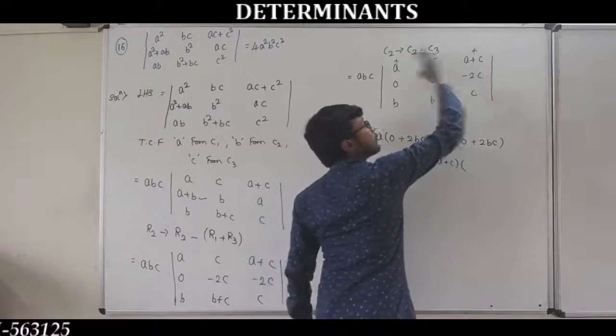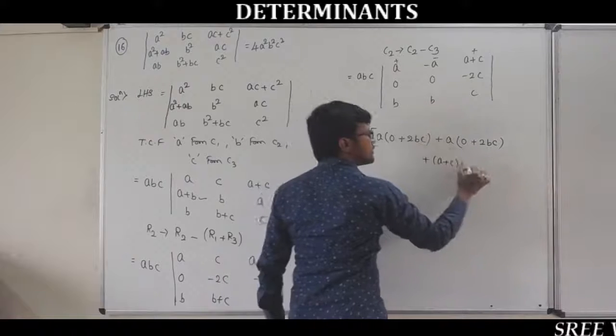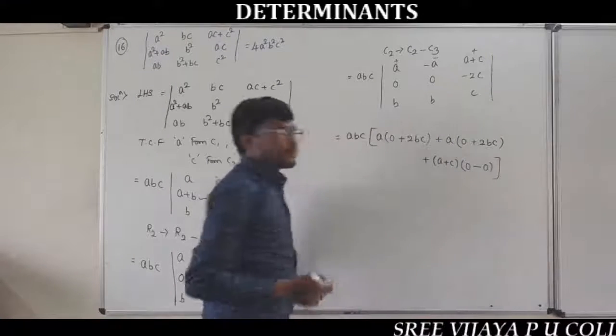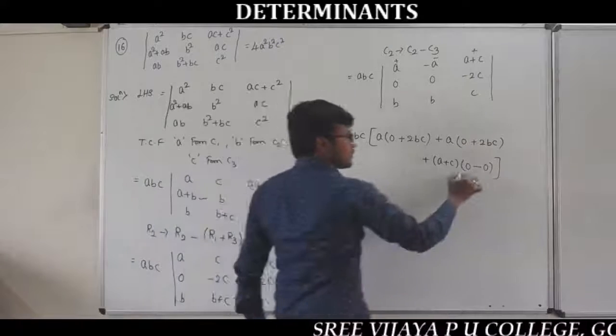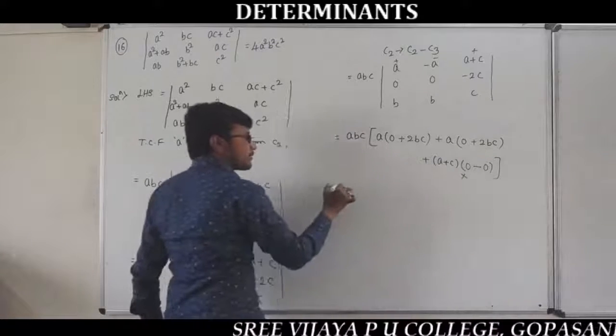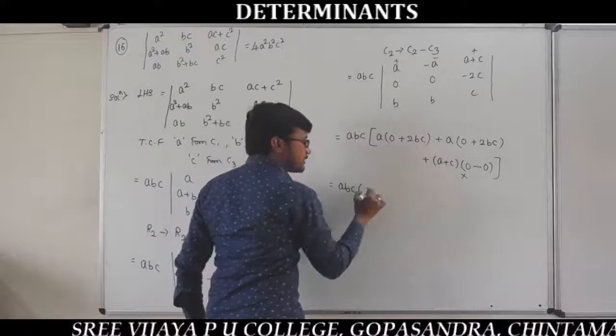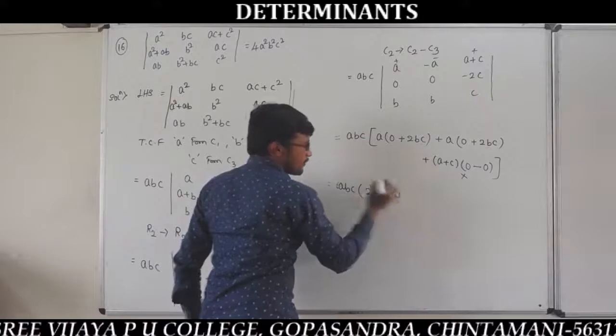Next, for last element, plus of A plus C. For this element, you can do the first row, third column. 0 into B is 0, minus again 0 into B is again 0. So this entire term becomes 0. So what is remaining? A, B, C. A into 0, 0. A into 2BC, 2 times of ABC.